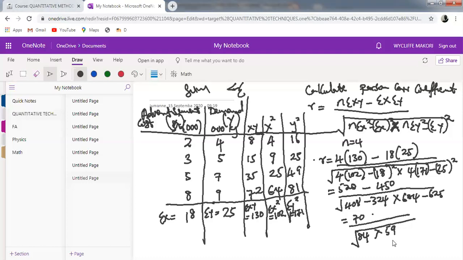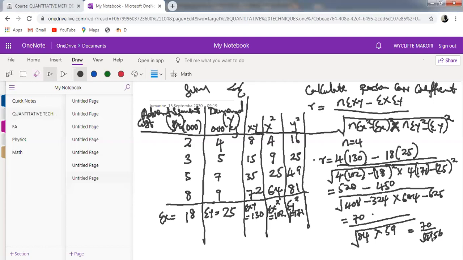So you will find this one is going to give you 70 over the square root of what? 84 times 59, which is 4956.